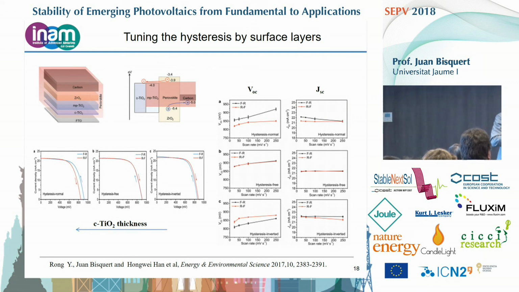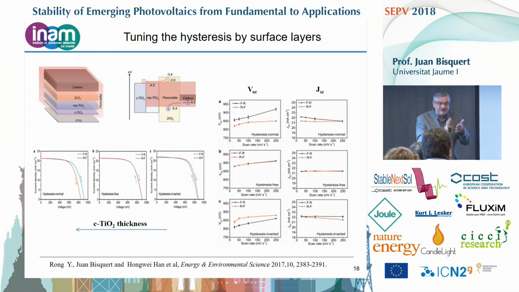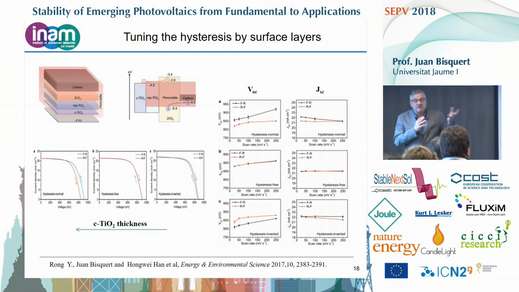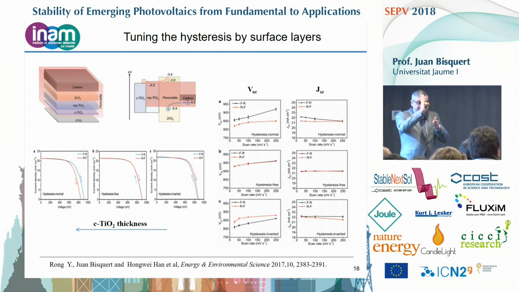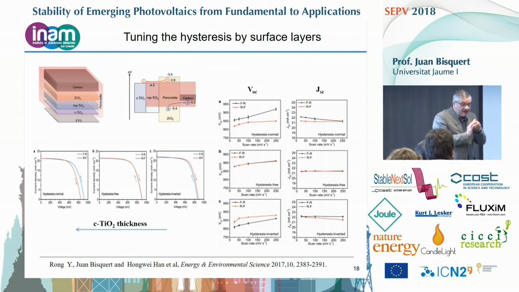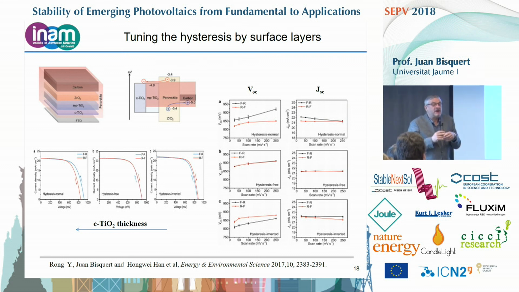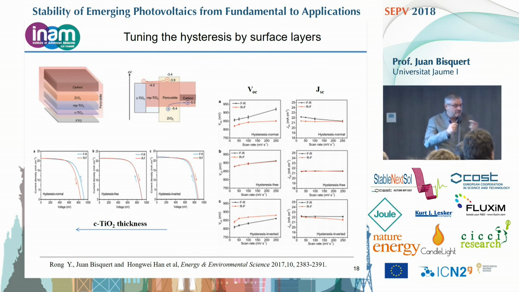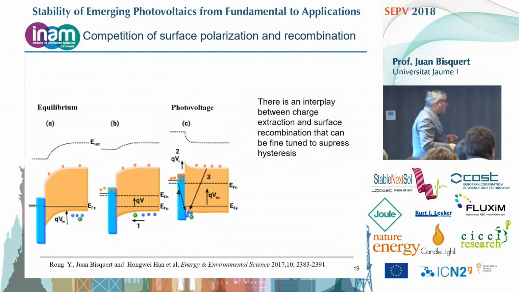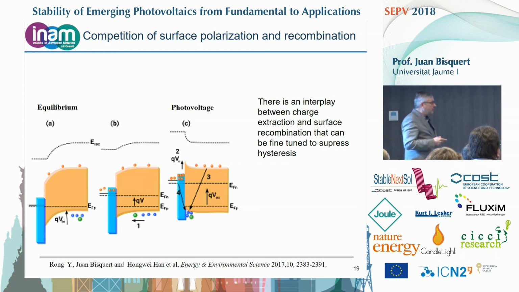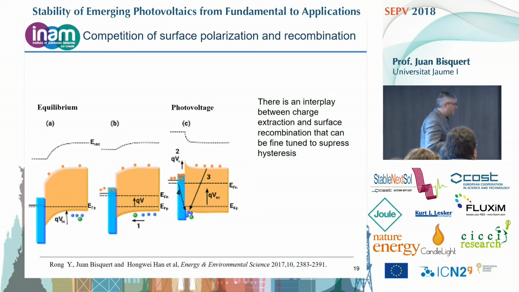Okay, because we're having this polarization, and this is the critical interface, not the mesoporous. If you change the compact layer, you change how the ions and holes accumulate there, and you change how they recombine. So you can play with the two factors and pass from one to the other. Okay, so this is bringing ions and holes here, electrons at the TiO2 side, and then modifying the recombination, you can tune the sample behavior very well.